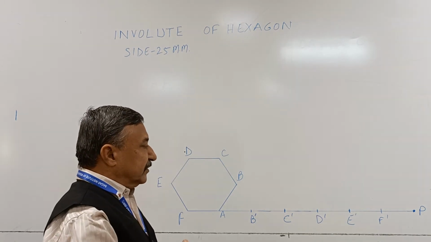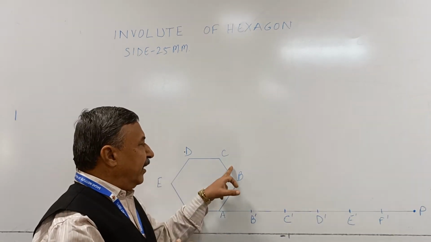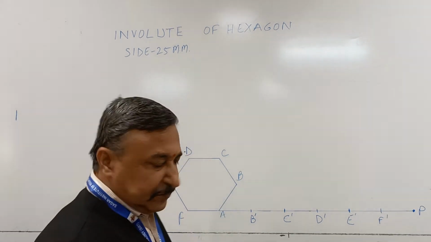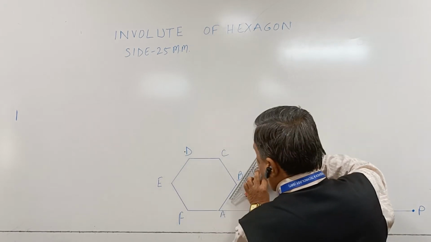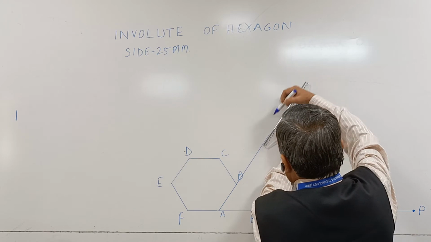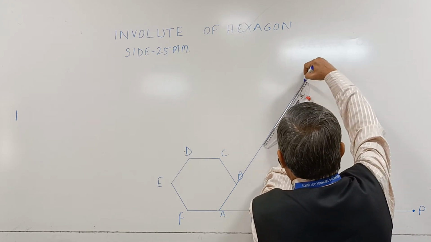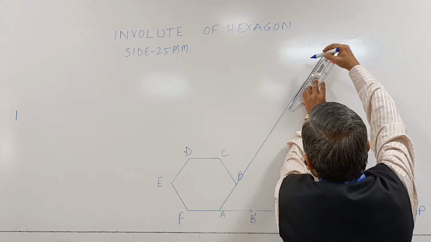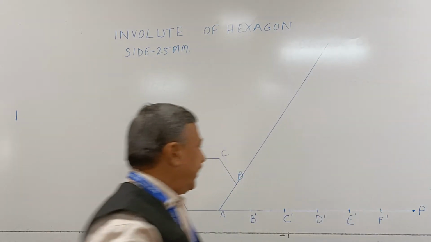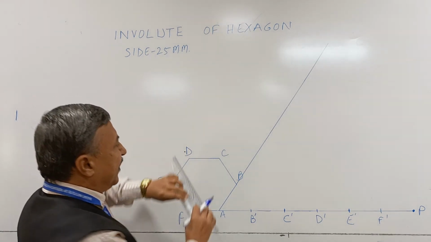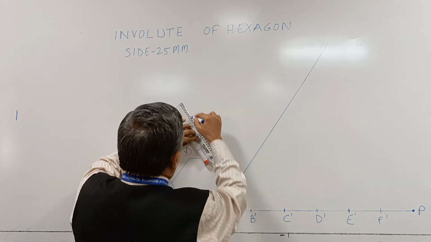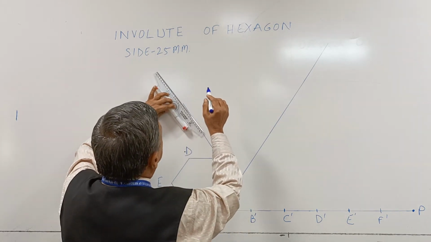Now we extend all lines of the hexagon. How? First of all, extend this AB. Extend line AB.